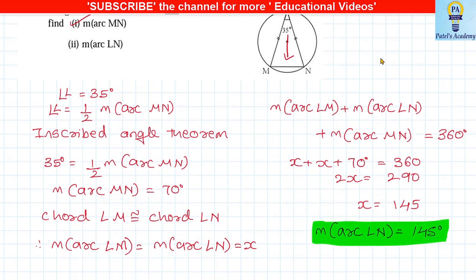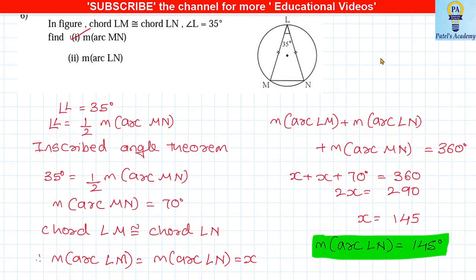Now if you see the figure, the two chords are equal. See here, LM is equal to LN. If the chords are equal, can I say that the arcs are equal? These two arcs, what I'm marking, are equal. So I will take those arcs as x, and the arc at the bottom, MN, is 70 degree.